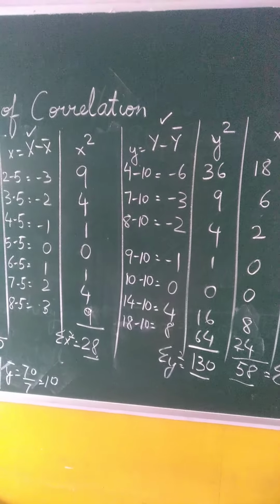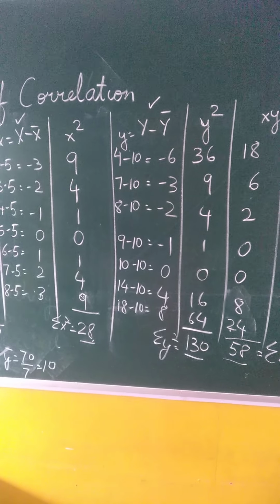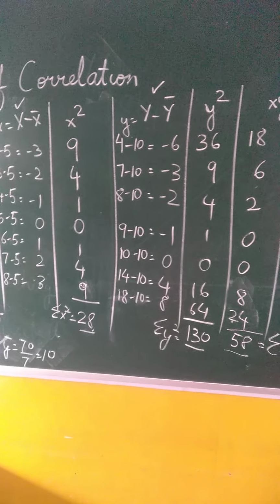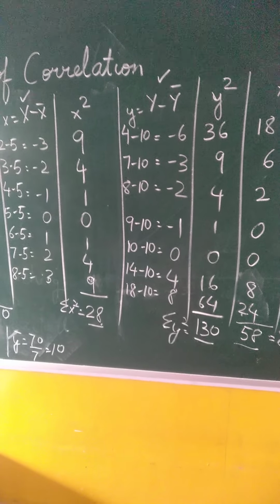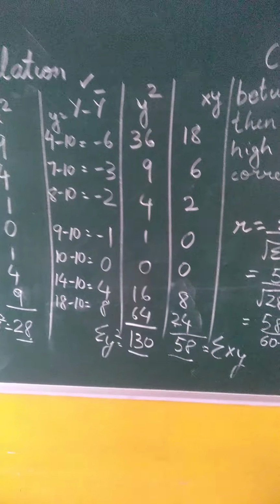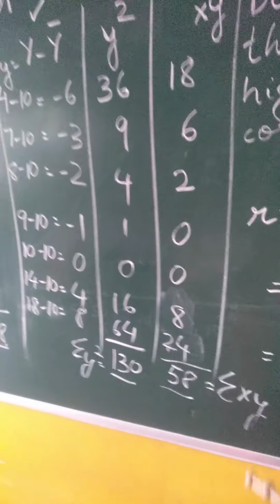Then minus 2 multiplied by minus 3, 6. Then minus 1 multiplied by minus 2, 2. 0 multiplied by 1, 0. 1 multiplied by 0, 0. And 2 multiplied by 4, it's 8. 3 multiplied by 8, it is 24. So we are able to get the summation of xy. We got all the values.